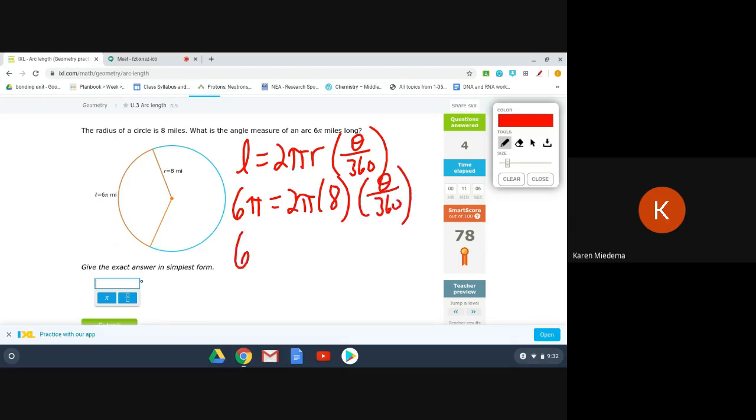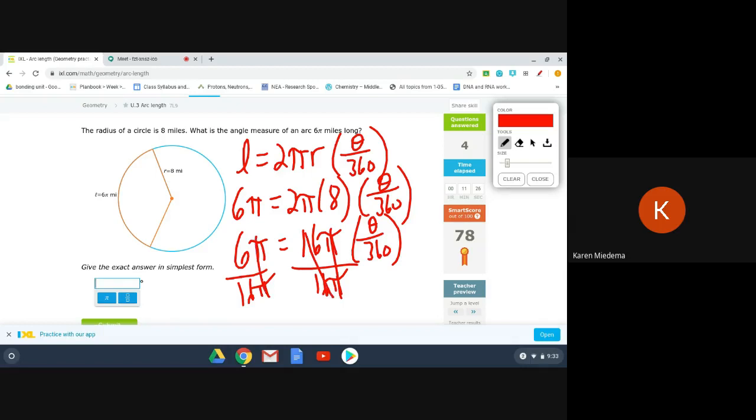Again, we're going to clean up the right-hand side. 2 pi times 8, 16 pi times theta over 360. To get rid of the 16 pi, we need to divide both sides by 16 pi.